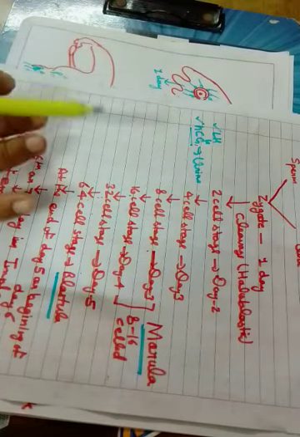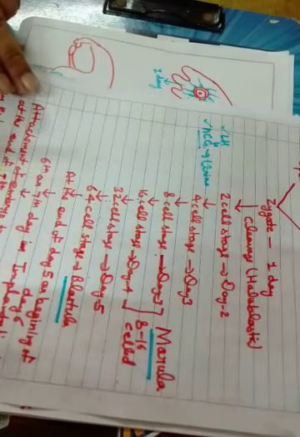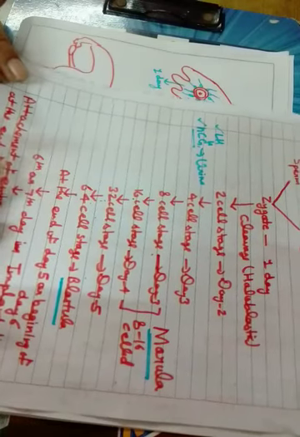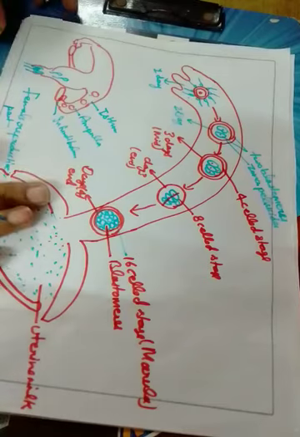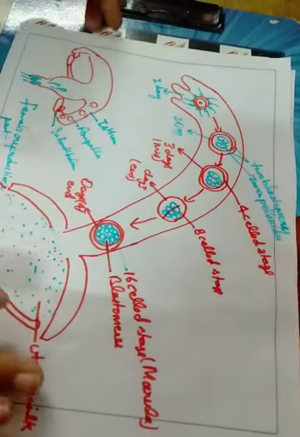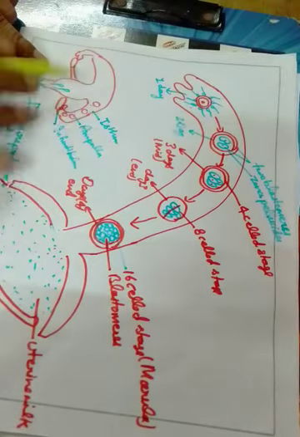Understand that? Now, how can you understand this flowchart? You will see this diagram. Okay, what is this? This is the fallopian tube.